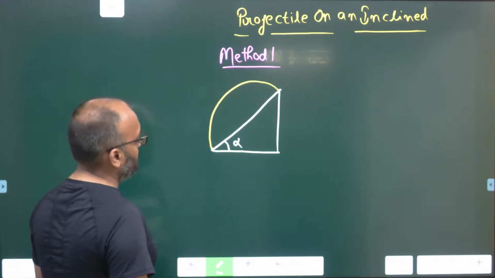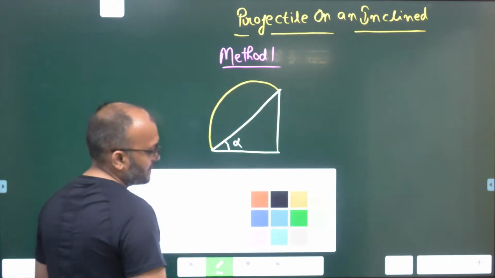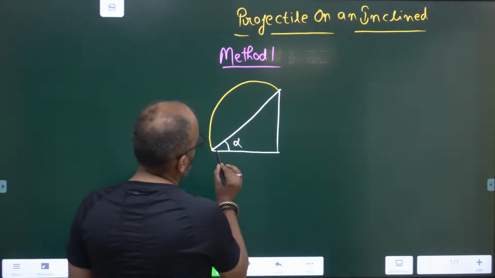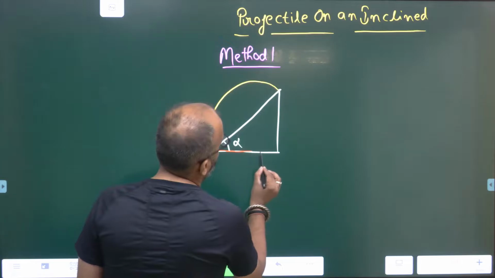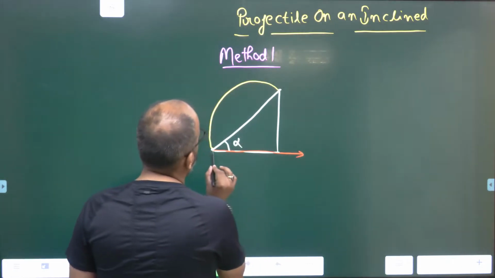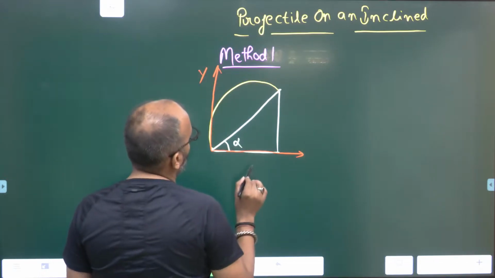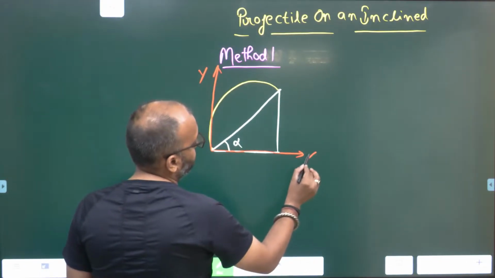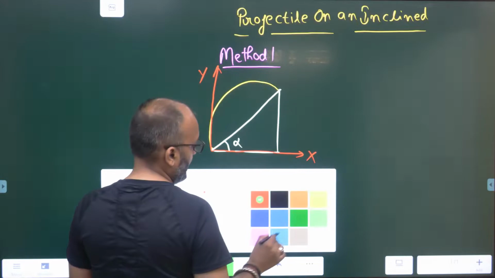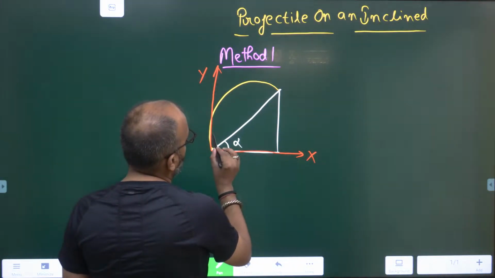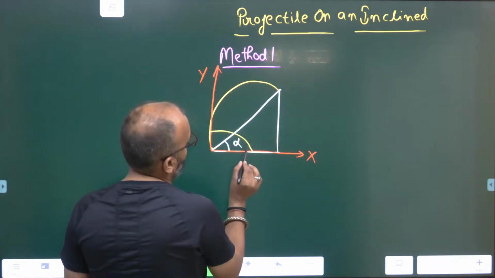So please see, if I draw two axes, this will be x-axis and this will be y-axis, yes or no? And please see, this projectile is also making some angle from the horizontal.